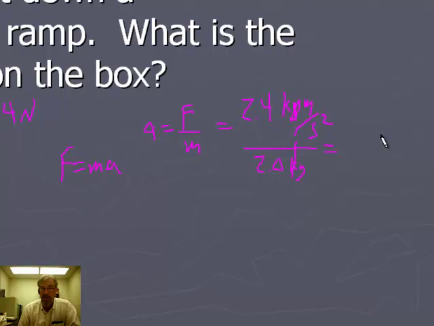Kilograms drop out, and we'll end up with an acceleration that's just meters per second squared. Now, you may have noticed that we first multiplied by mass in a previous part of this problem, and then we divided by mass. So obviously there's a shortcut here. Probably you can figure out what that is. So if I take my 2.4 and divide by 2, my answer will be 1.2 meters per square second.